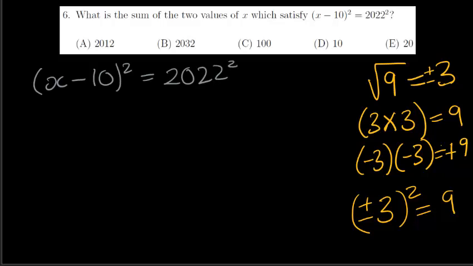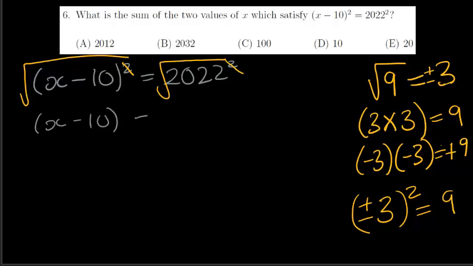Now I'm saying that when I square root both sides, I can take away the square sign, and what I'm going to be left with is x minus 10 on one side, and on the other side I'm going to have plus minus 2022. Now again, this is connected to that. Okay, so how do we move on from here?